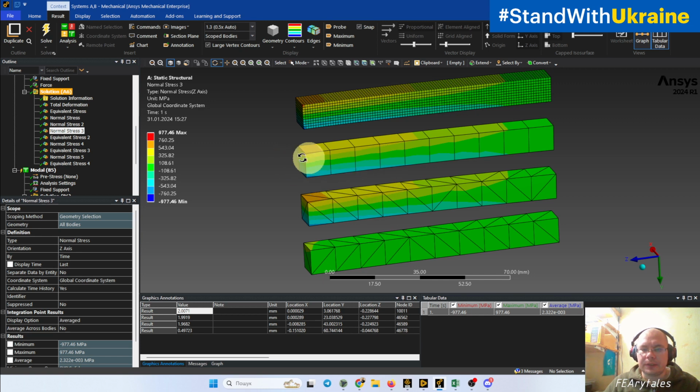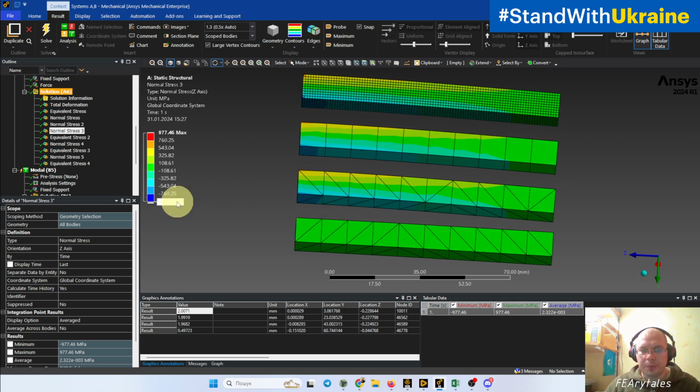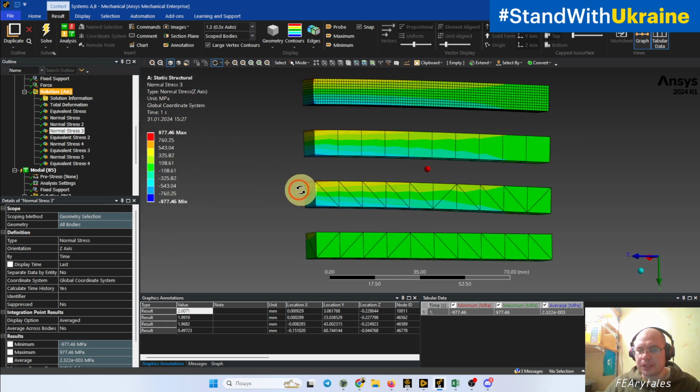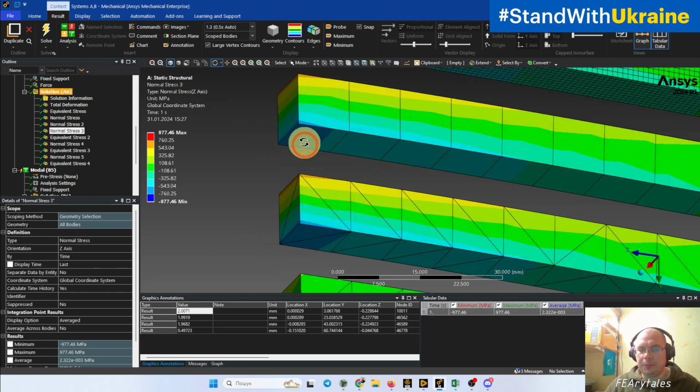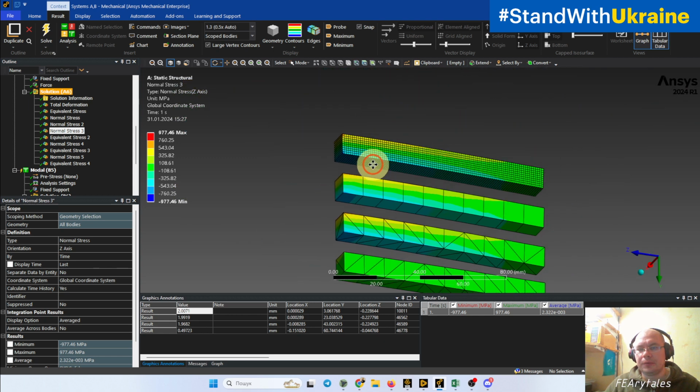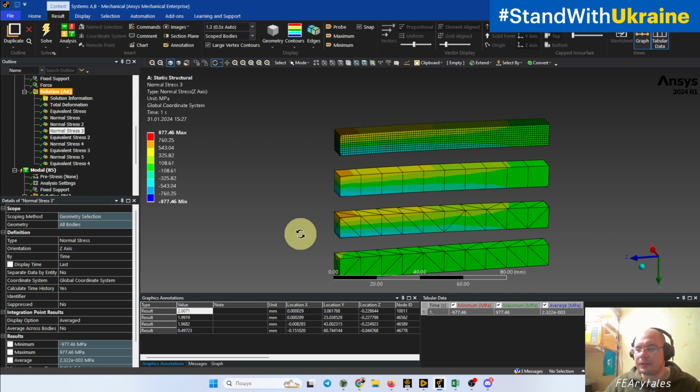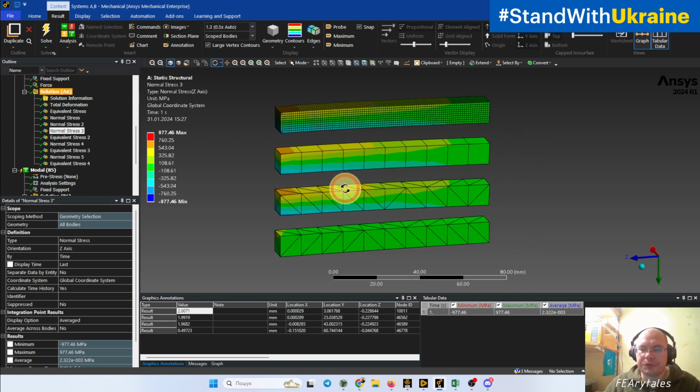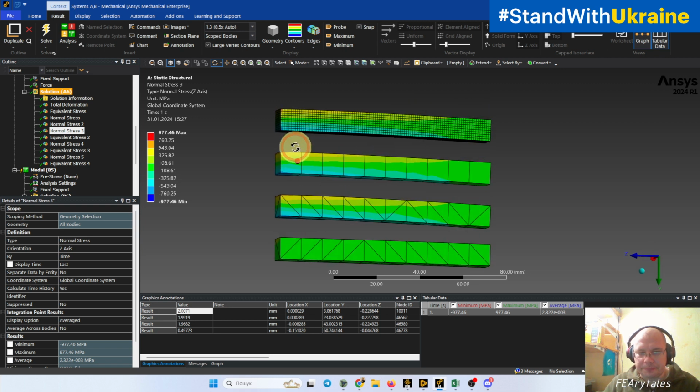So it's the stress which shows us where the construction is tensile and where it is compressed, and we obtain it with the sign of the stress. Minus means compressed, and plus means tensile. In your software it can be different, but in most cases it looks like this: compression minus, tensile plus.